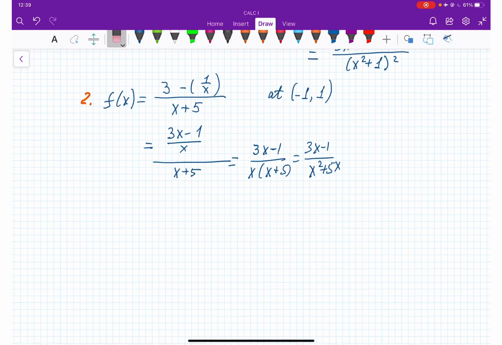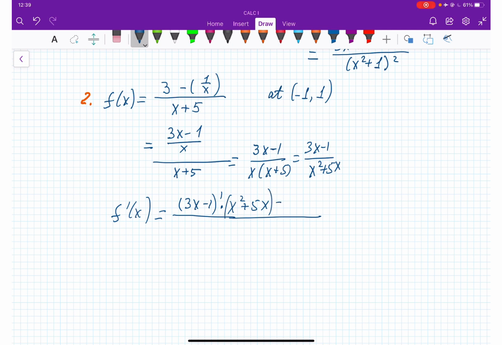So f of x, whose derivative I'm going to write down as f prime of x, is going to be equal to the prime of the first function, which is 3x minus 1 prime, multiplied by the second one, x squared plus 5x, and then minus the prime of the second one, x squared plus 5x prime, multiplied by the first one, 3x minus 1.